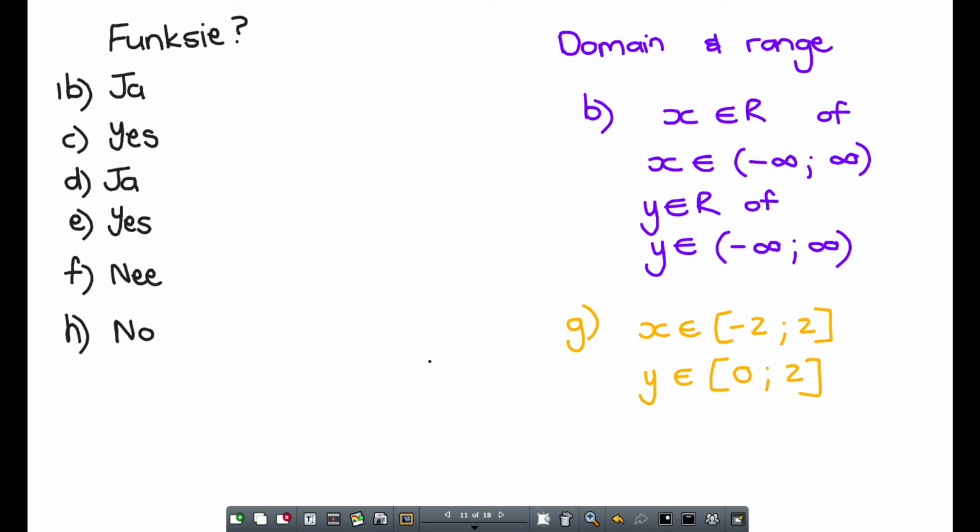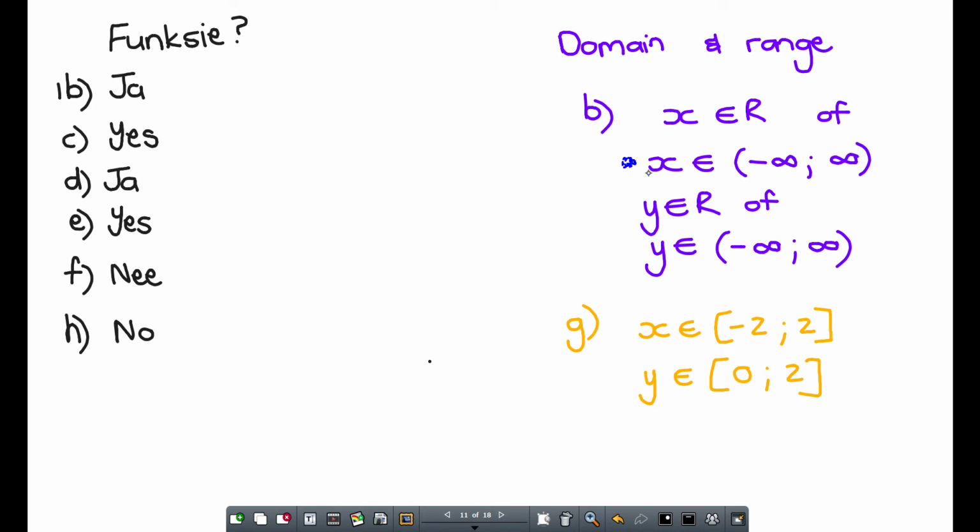It goes from negative infinity up until positive infinity. So you could have written it like that. Of jy kon net gesê het, X is 'n element van reële getalle. Julle kan nou nie daai sien hierso nie, maar daar staan eintlik of. Okay, so you either use that way of writing it, or you use this way of writing it.